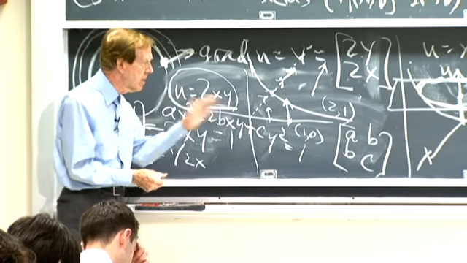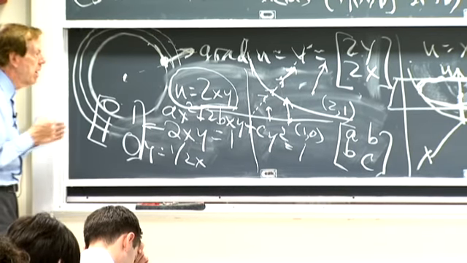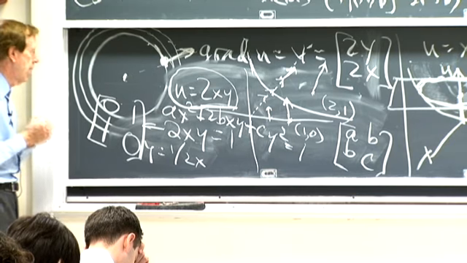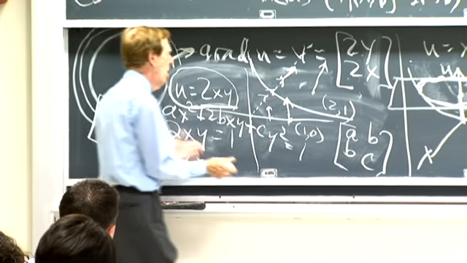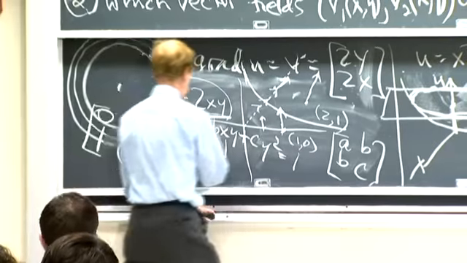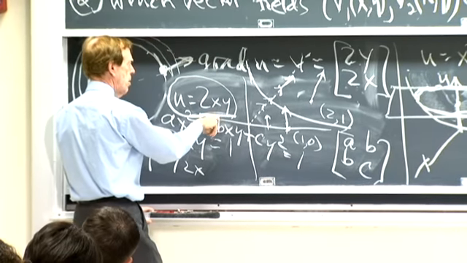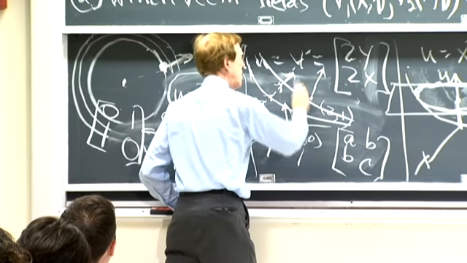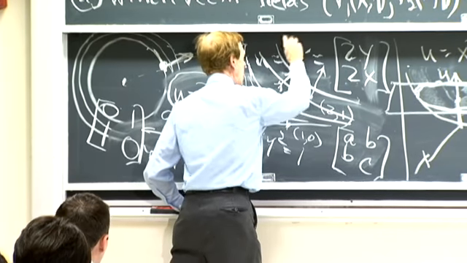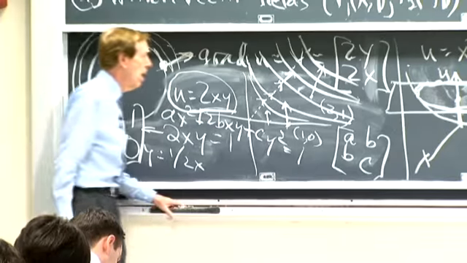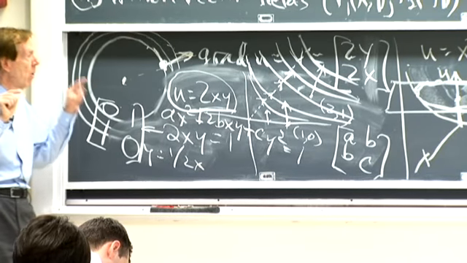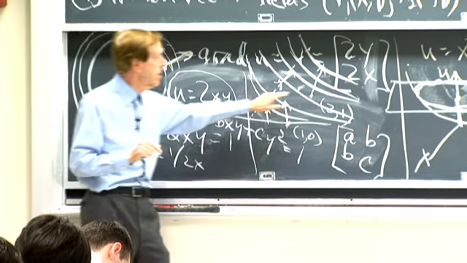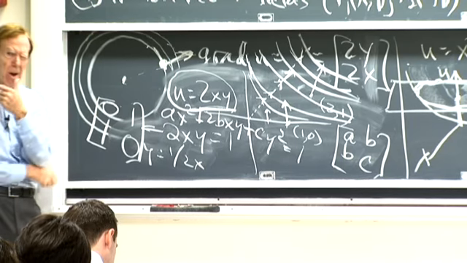Parabola, right. So semi-definite would correspond to a parabola. Okay, good. Anyway, all I was going to say is this u equal 2xy, that's our potential. If I draw equipotential curves, they're hyperbolas.